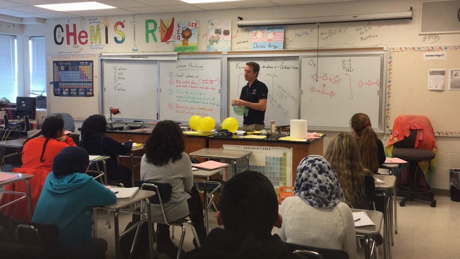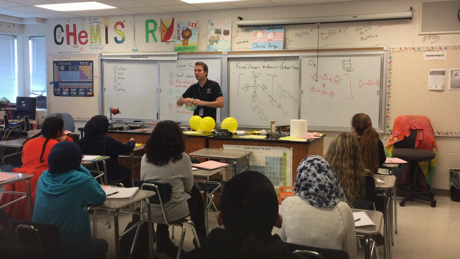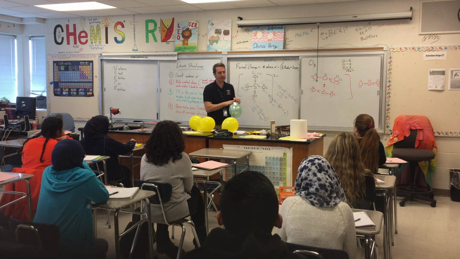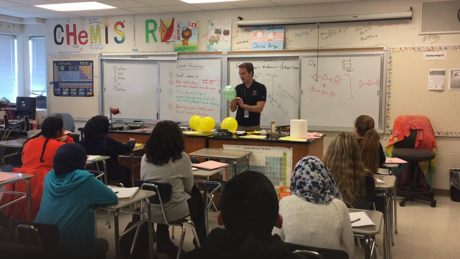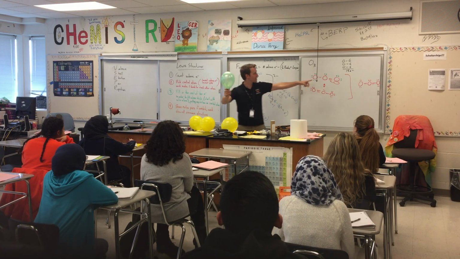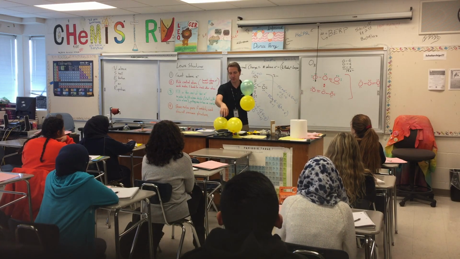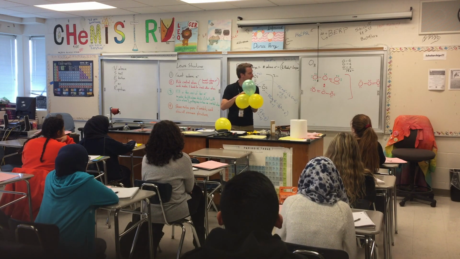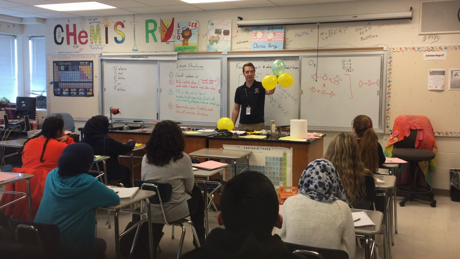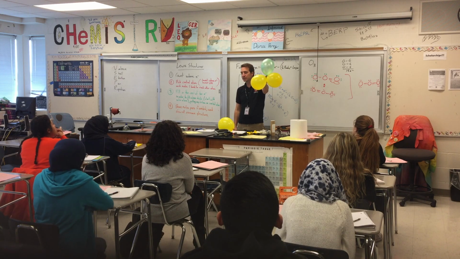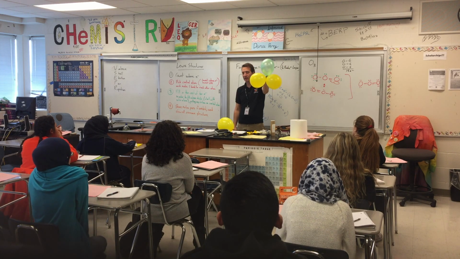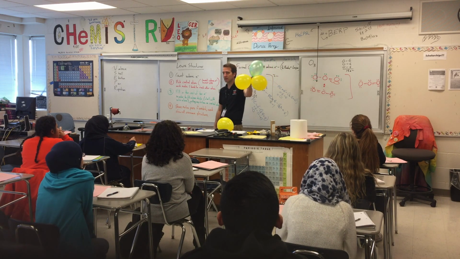I'm trying to inflate a differently colored balloon to show you the difference between the atoms and the lone pair. Okay, so this one's going to represent the lone pair on top of the central atom oxygen. The yellow ones will represent the other two oxygen atoms. I've still got three balloons. They're still pushing on each other, and they're still taking an overall shape.